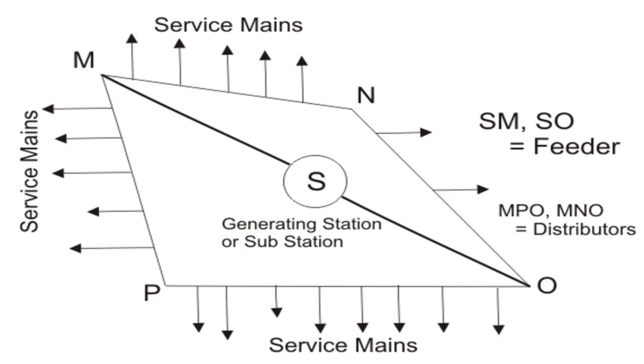Basically, the branch that further comes from the feeder is called distributor. Now the branch coming out from the distributor is called service main. These service mains are connected to our houses.